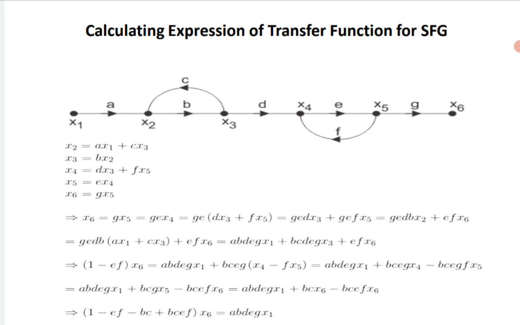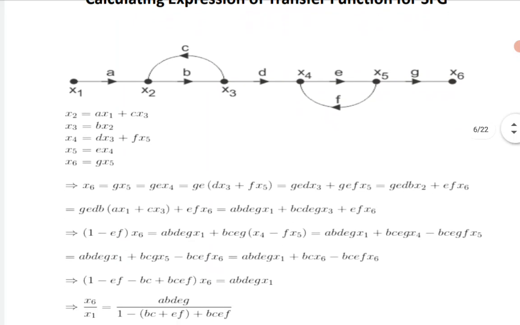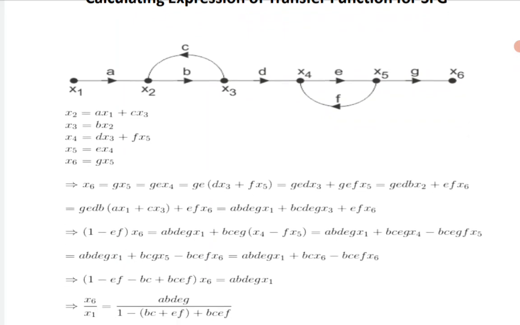When I take x2 and x3, x3 is equal to BX2, because no other inflow is coming to node x3. When I take x3 and x4, x4 is equal to DX3 plus FX5. When I take x5 and x6, x6 is equal to GX5.